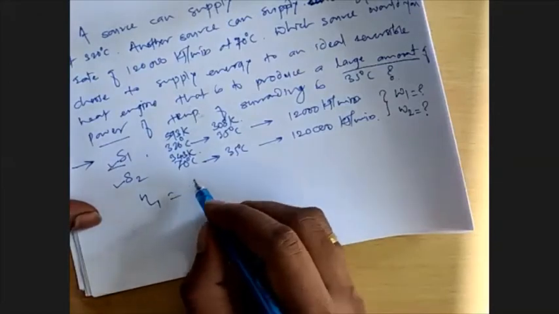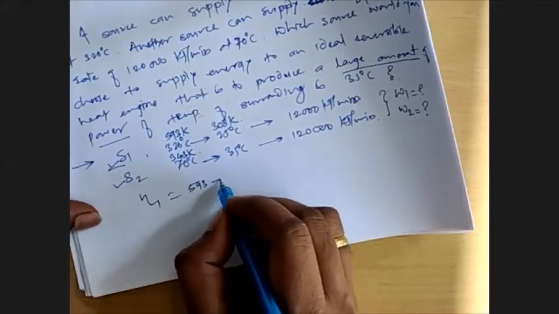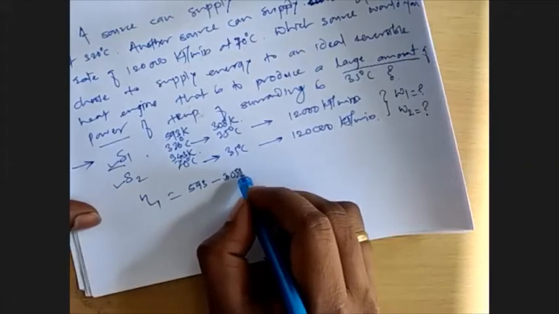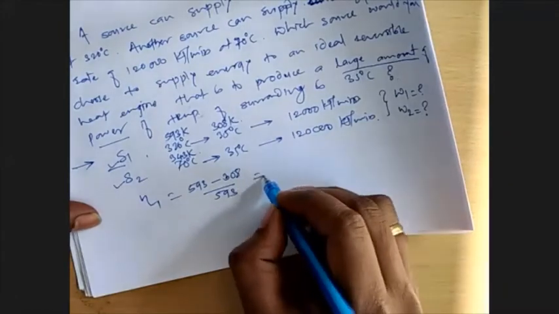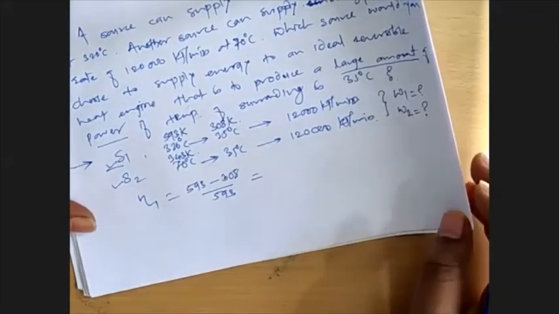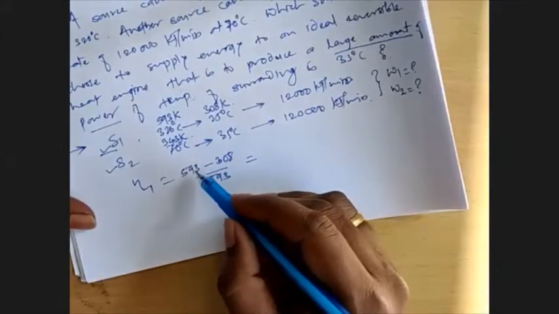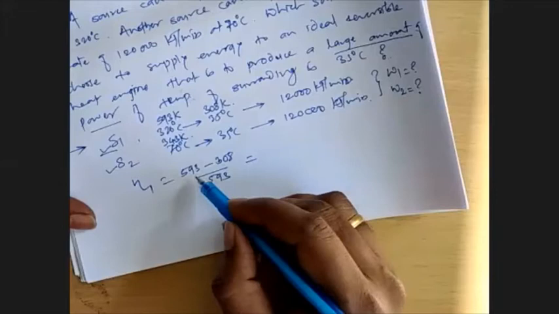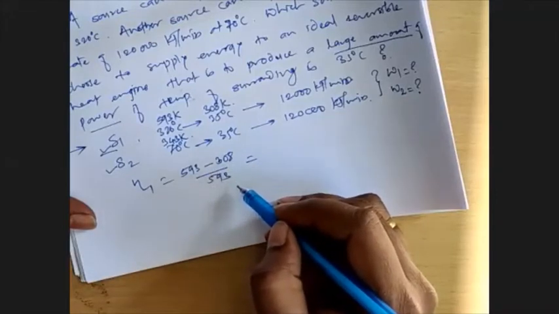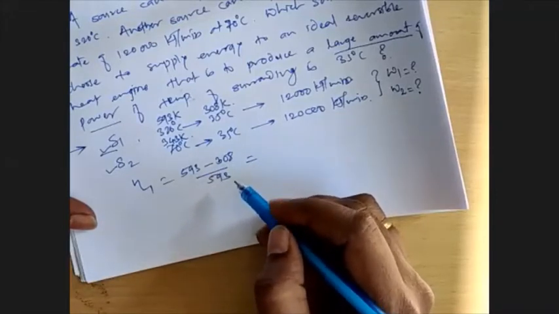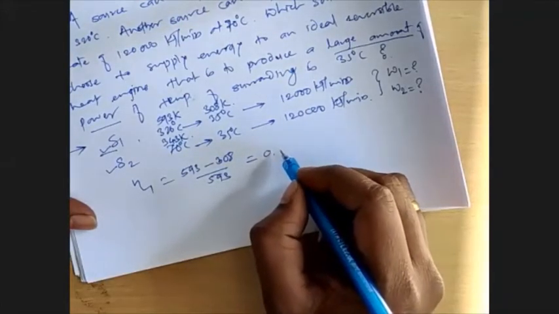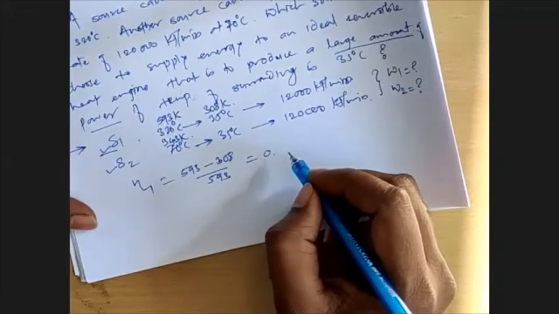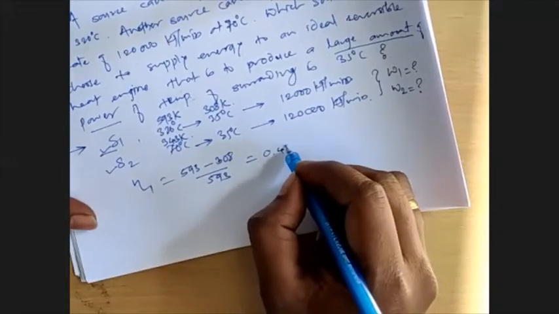So N1 is going to be 593 minus 308 divided by 593. And that is N1 is equal to, you can use T1 minus T2 by T1 or 1 minus T2 by T1, right? That is going 0.48. Sorry, I didn't get that, Pratik. Can you repeat? 0.48.